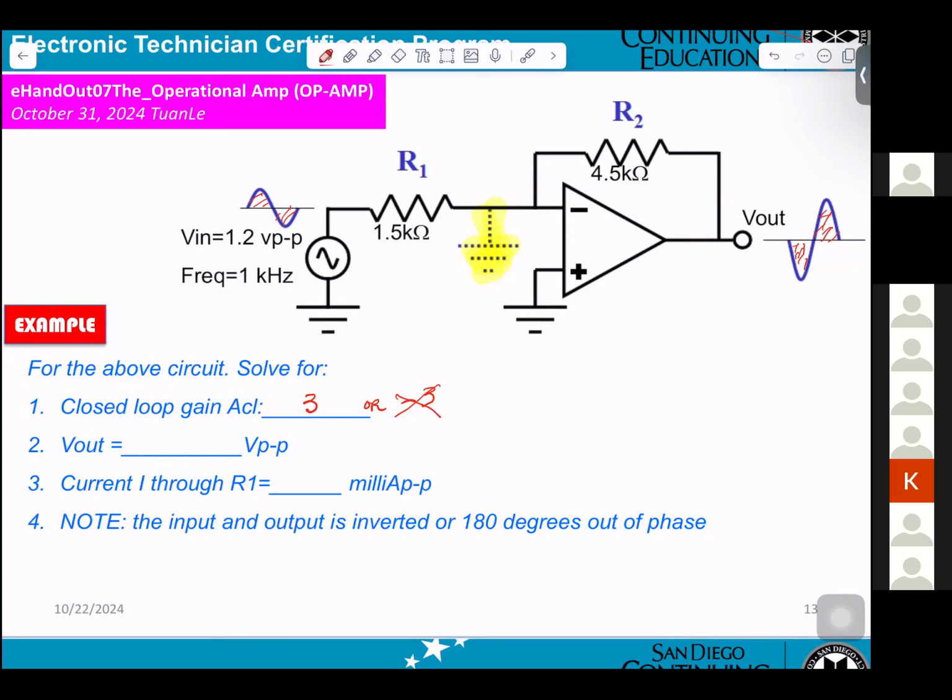V out will be the gain times V in, correct? 3.6. No positive, no negative. The thing is V peak to peak. And you said the gain is the absolute value, not minus. Right.